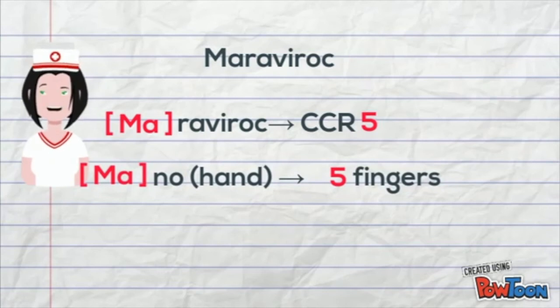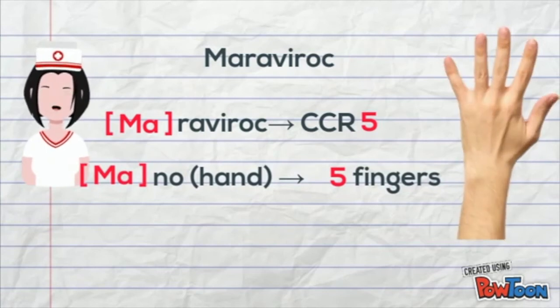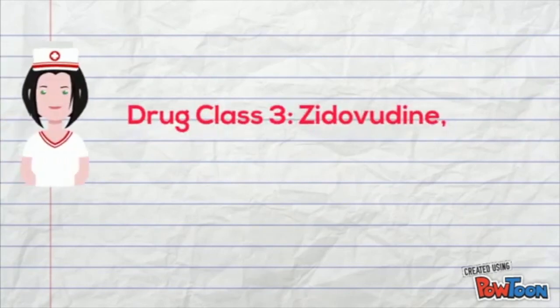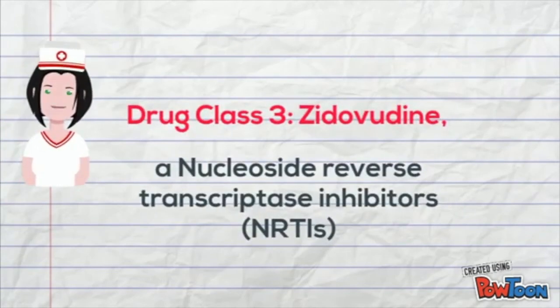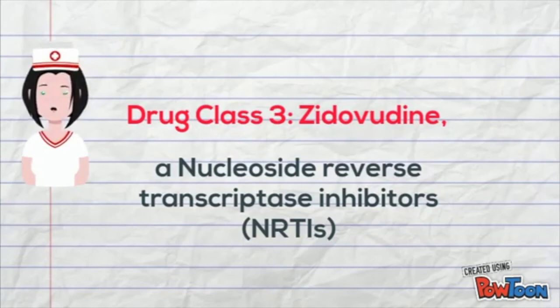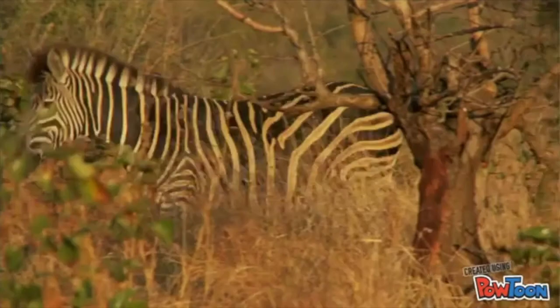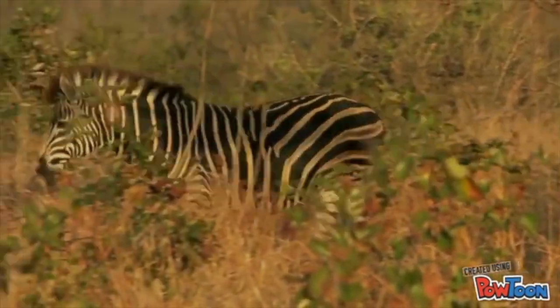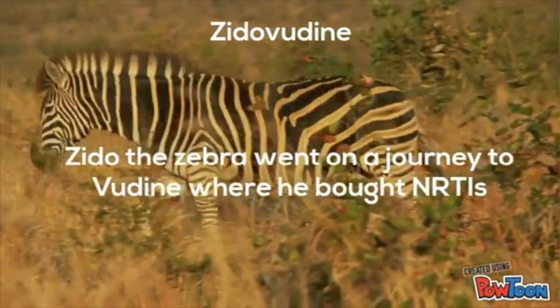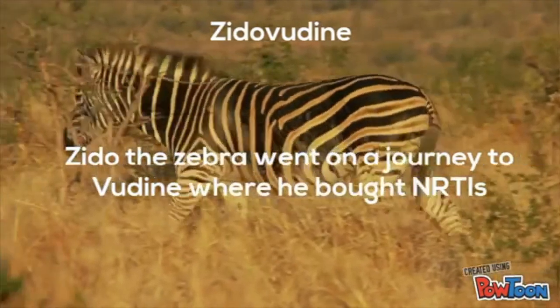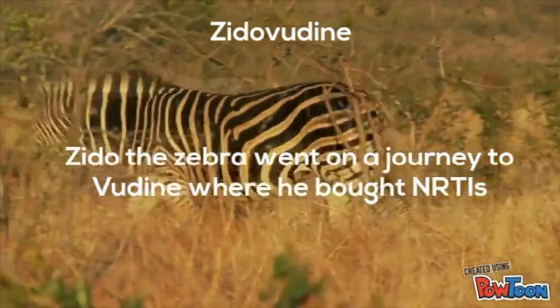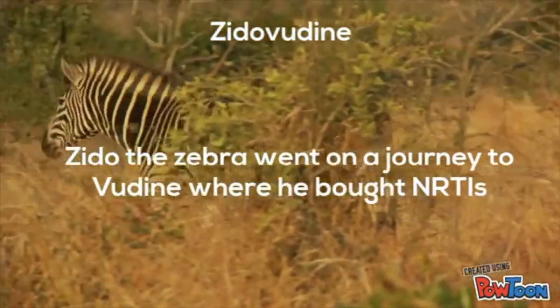Mono, Ma, means hand and has 5 fingers. Drug class 3, zidovudine, a nucleoside reverse transcriptase inhibitor, NRTI. For this one, think of Zidu the zebra went on a journey to Voudine where he bought NRTIs.